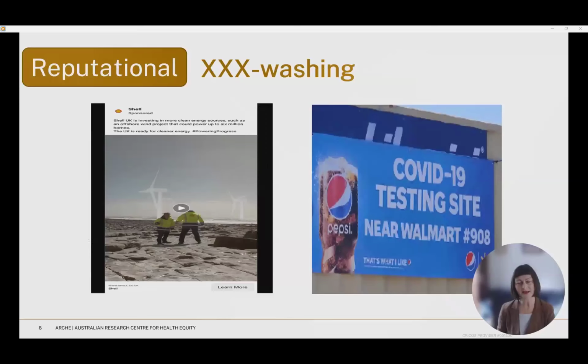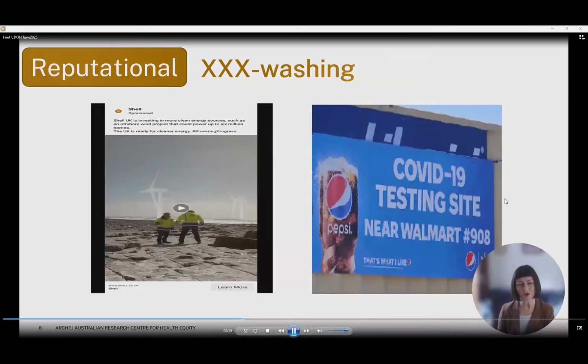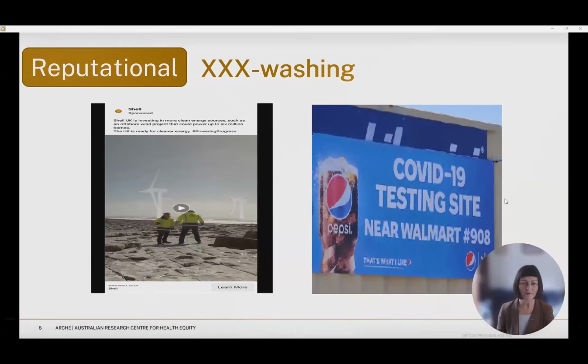Another practice that companies, corporations rely on is reputational management, sometimes referred to as corporate social responsibility. Here I put up these examples of washing: greenwashing, health washing. So Pepsi associating itself with doing the right thing, trying to create a public image on the good side, if you like, where they were helping us during times of COVID, pointing towards where the testing site was.